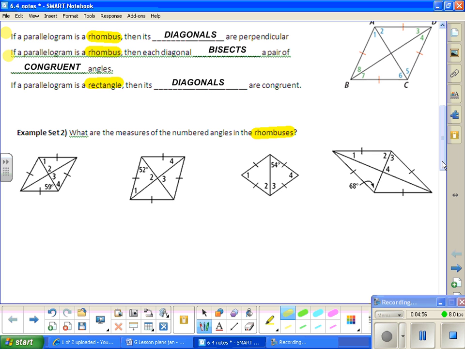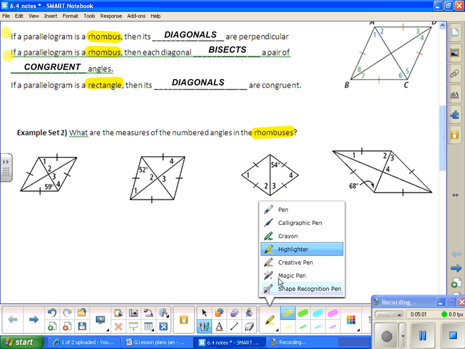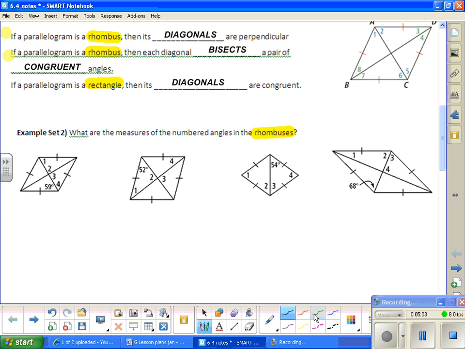So if we go back over here and look at this information, it says the diagonals are perpendicular. So if this is a rhombus, and these diagonals are perpendicular, then the angles on the inside are all going to be 90 degrees.